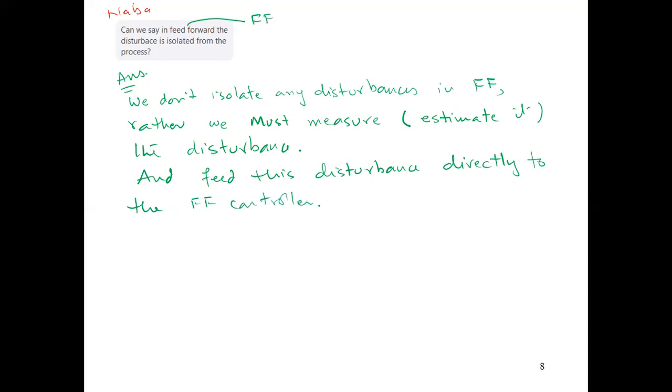The benefit is, this way the controller can take an action, an appropriate action, of course.